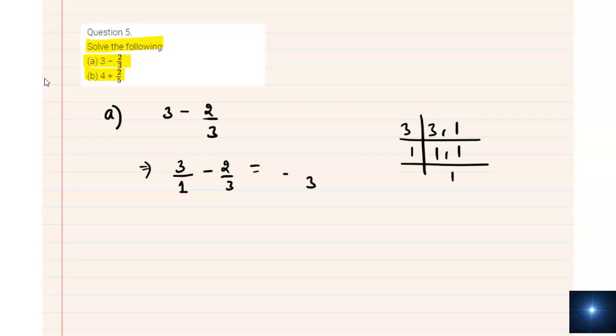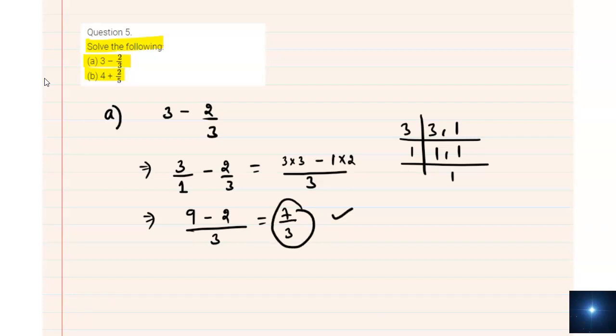So there will be 3, then 1 into 3, which is 3 into 3, it will become 9, minus 2 into 1. So we got 9 minus 2 by 3, then 9 minus 2 will be 7, so our answer is 7 by 3.